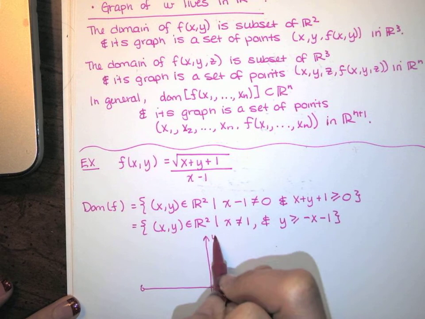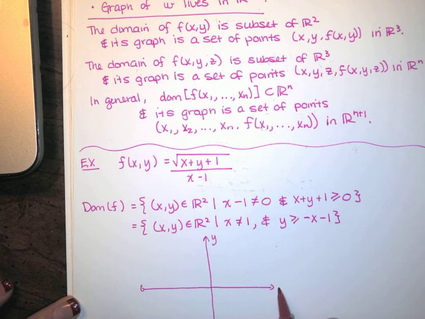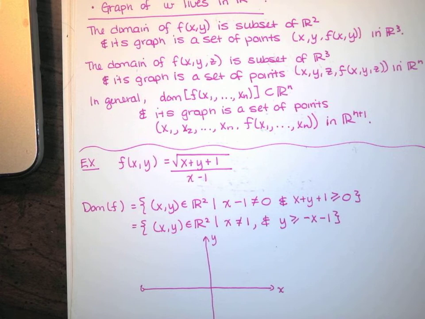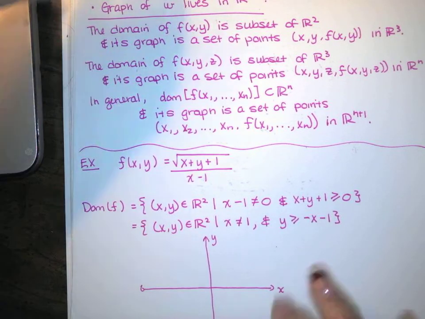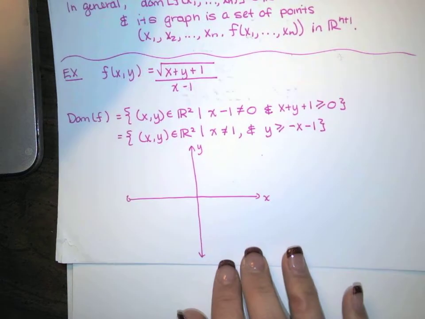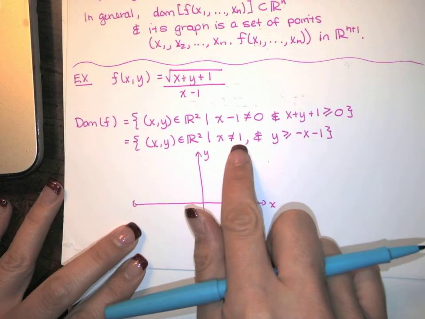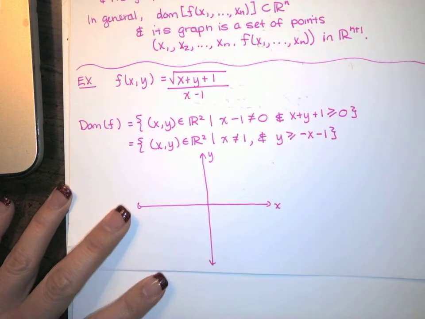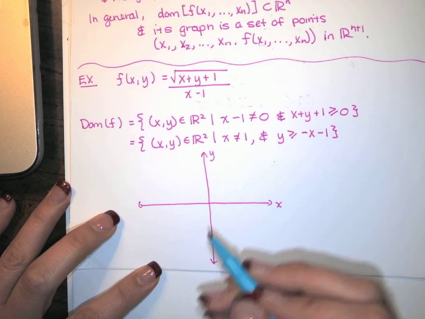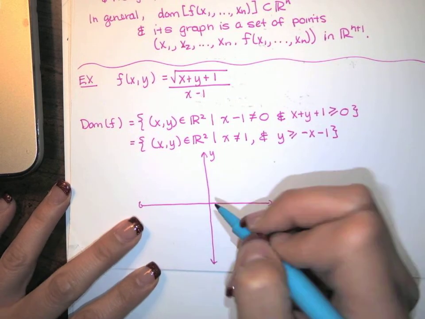If I want to sketch it, first I draw my xy plane. And now I want to add dotted lines for what is not included in my domain. So x is not allowed to equal 1.